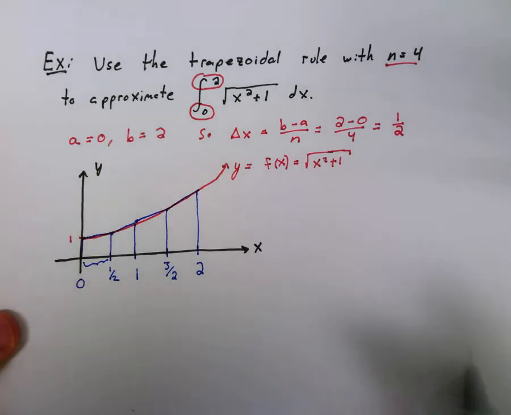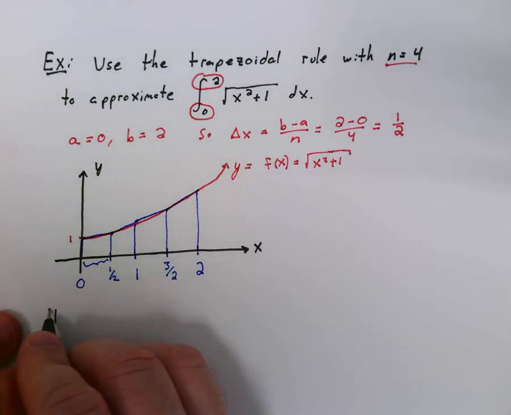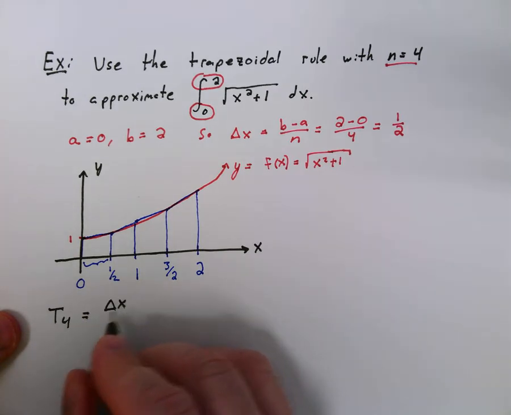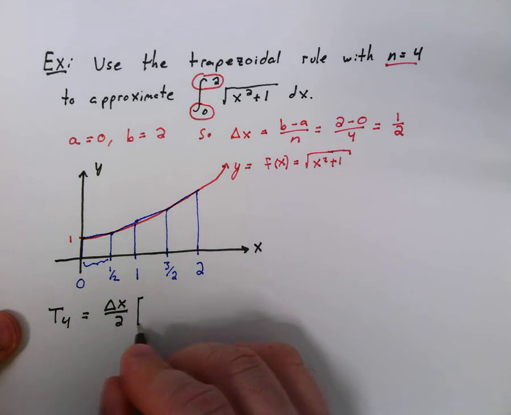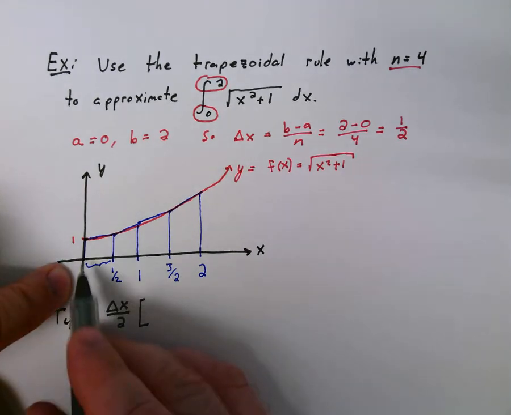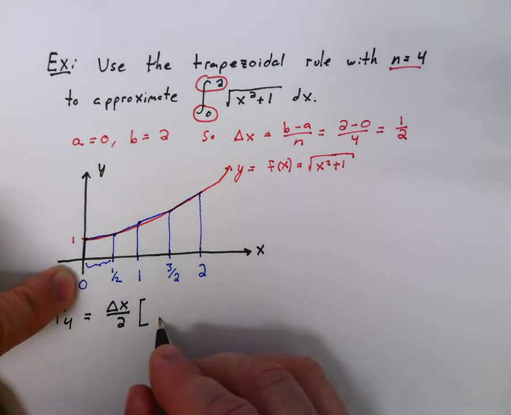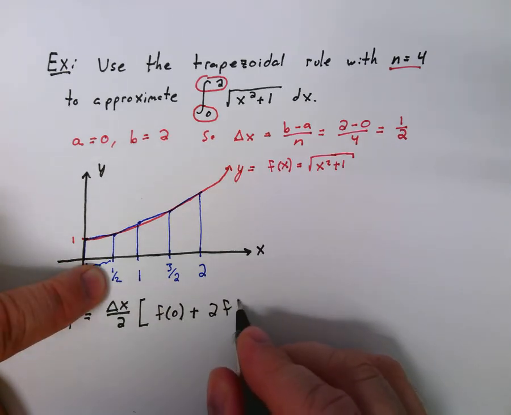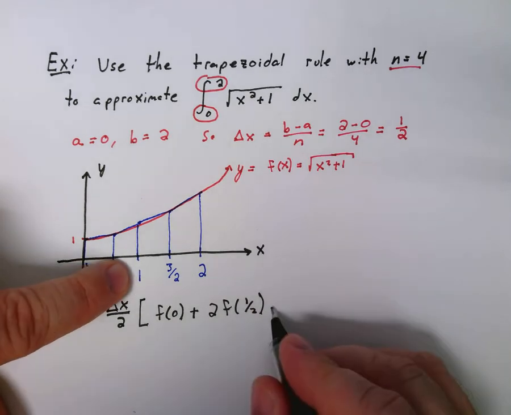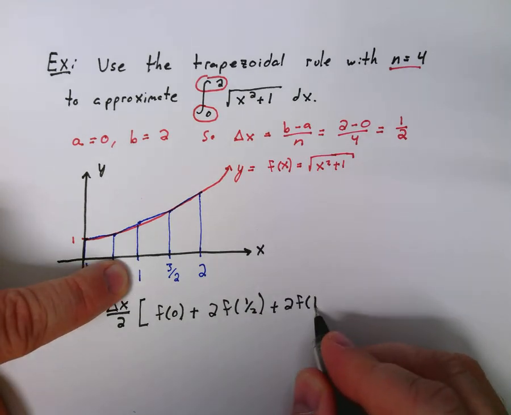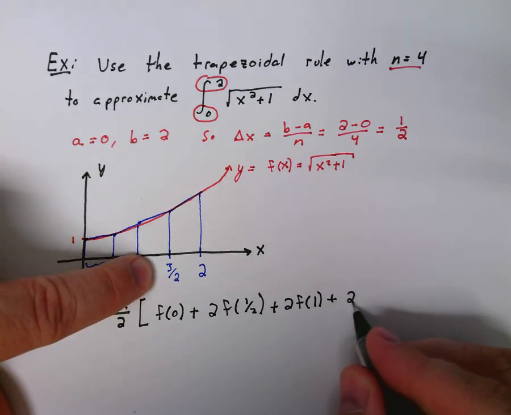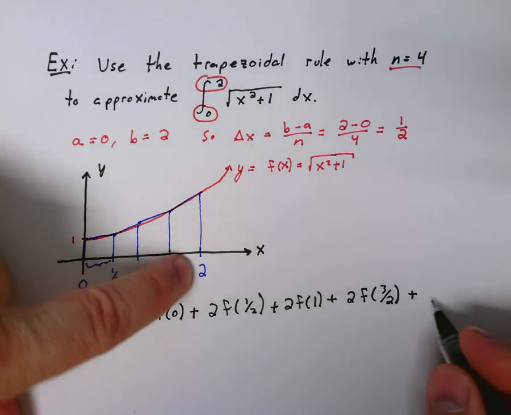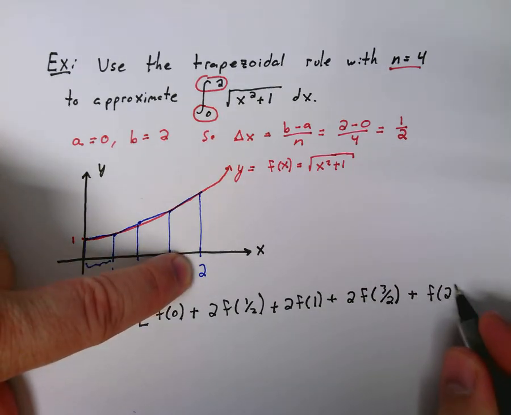Now the formula for the trapezoid rule should be delta x divided by 2. Now remember, the first one is going to be by itself, so that's going to be f of 0, plus 2 times f of 1/2, plus 2 times f of 1, plus 2 times f of 3/2, and then the last one is by itself, f of 2.